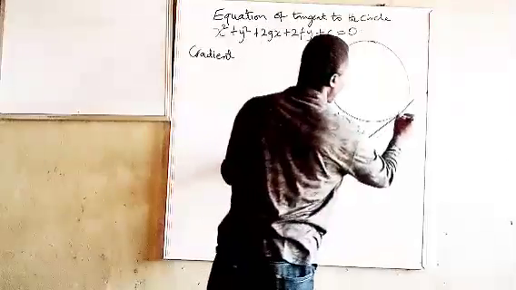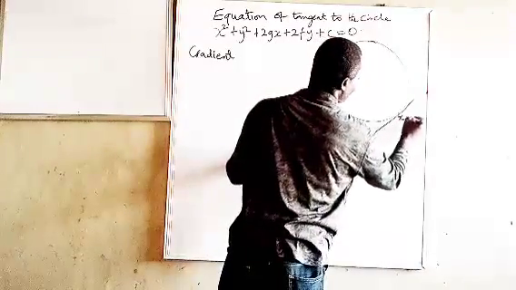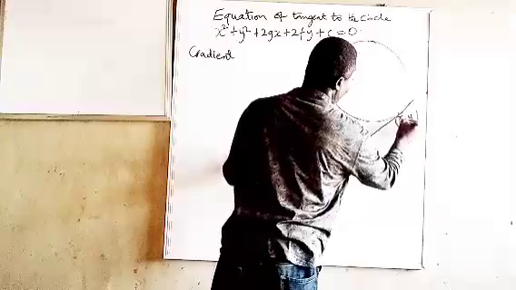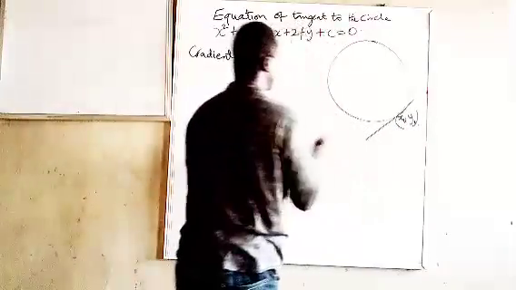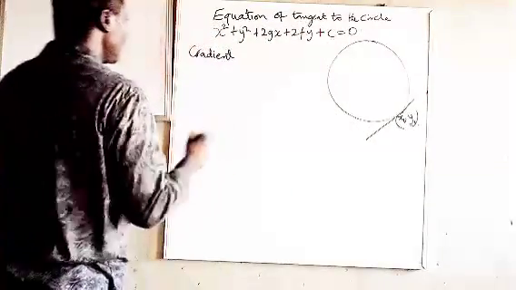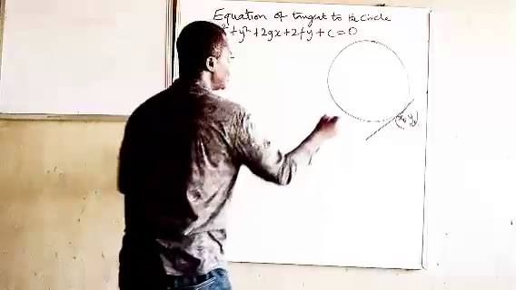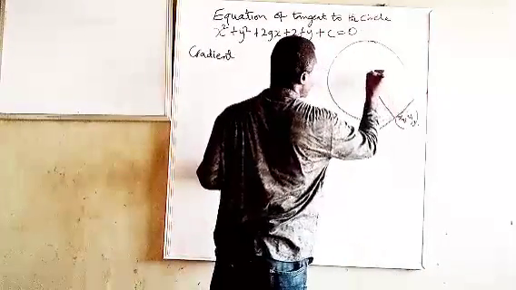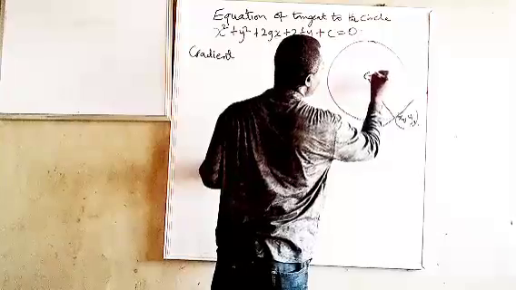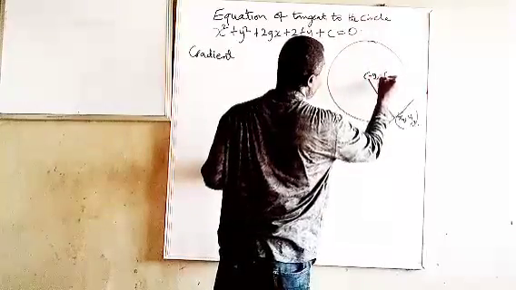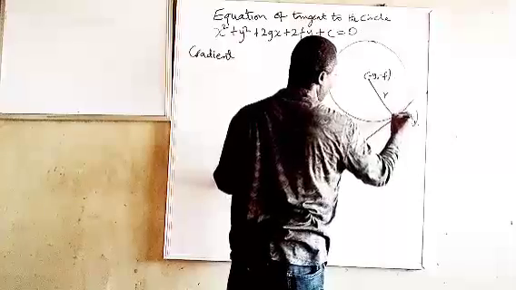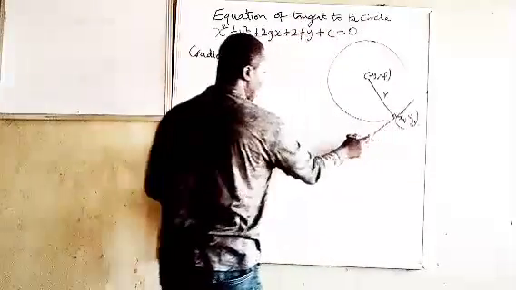Let's say x1, y1. And we know that from this point we have the center (minus g, minus f). And this one is the r. And this one is perpendicular. So these are our tangents.